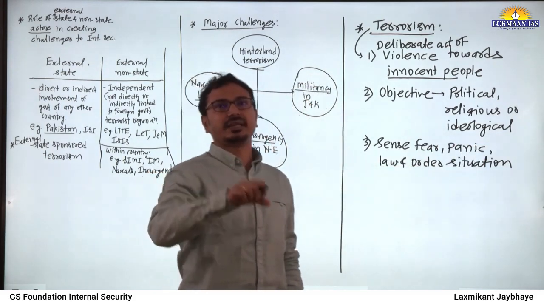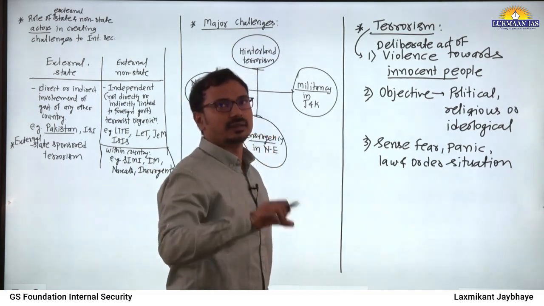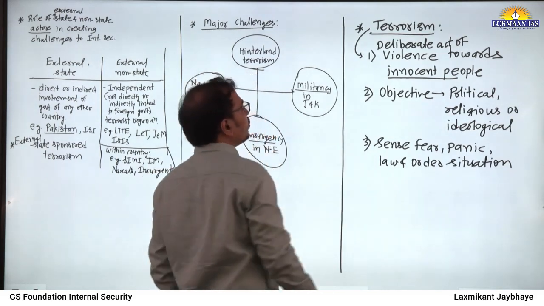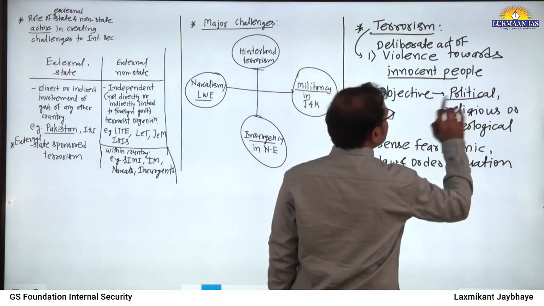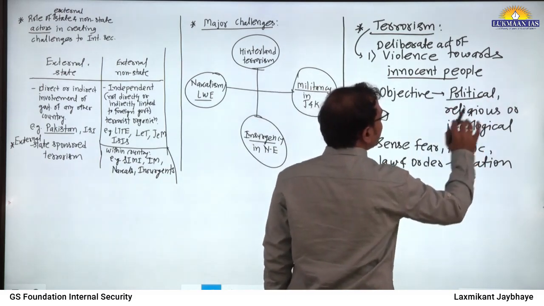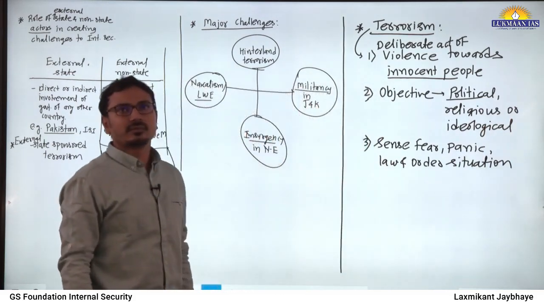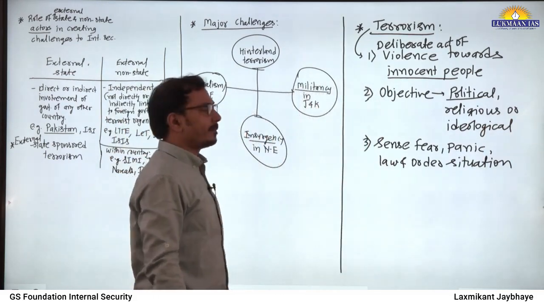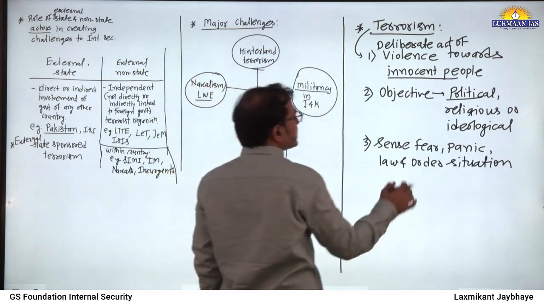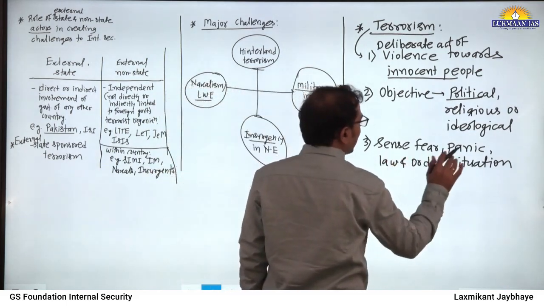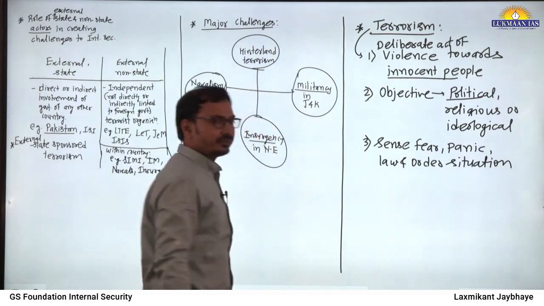The coercion that is used here as violence is a measure to force, to seek any political ends, religious ends, ideological ends. Any kind of thing. And it results in a sense of fear, panic and law and order situation.